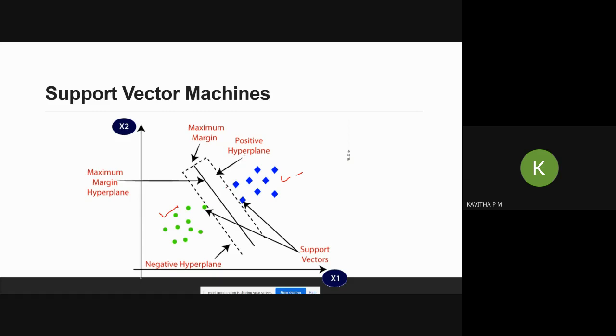Based upon the plotting available above the line, we call it the positive hyperplane, and the green color dots plotted below the particular line, we call the negative hyperplane. Normally when you go with the x-axis and y-axis, we also have x dash and y dash.